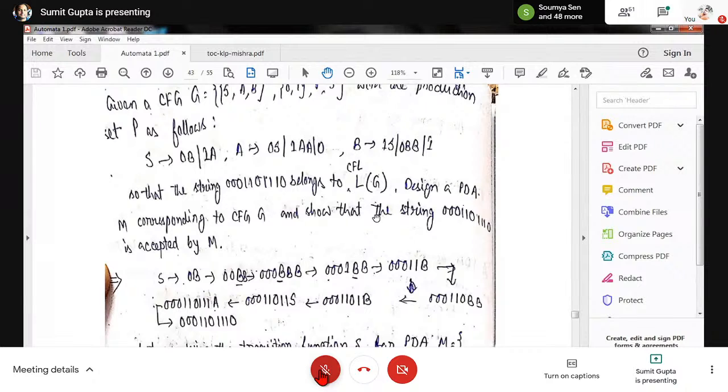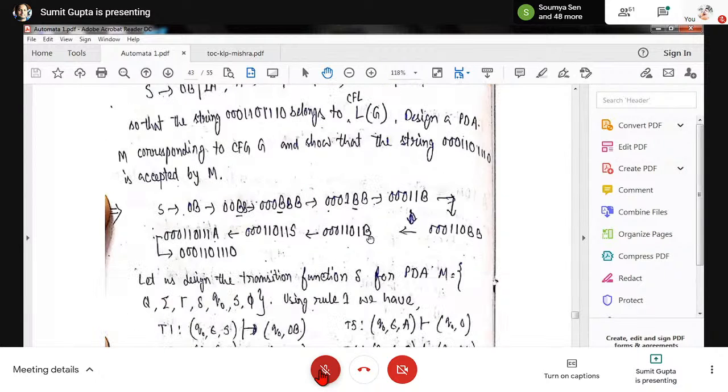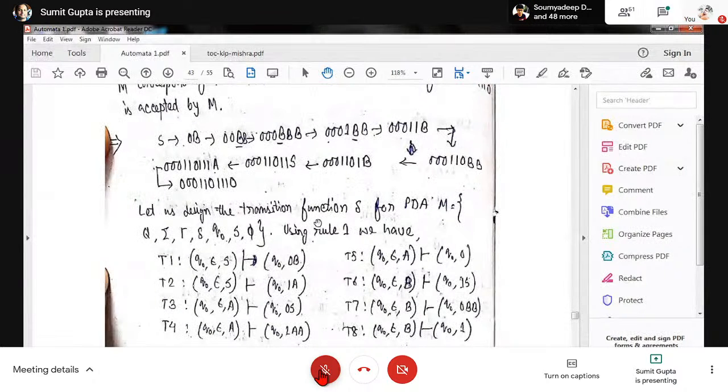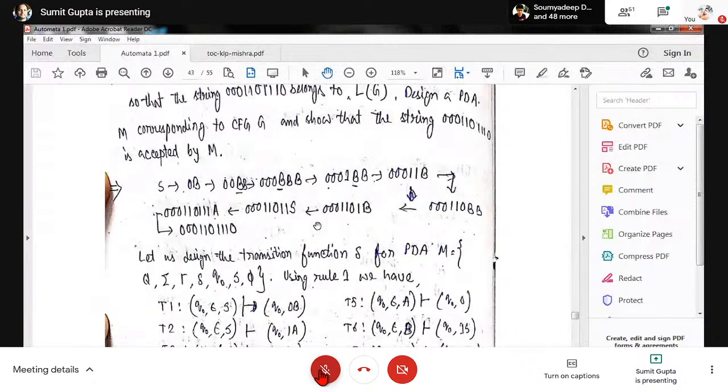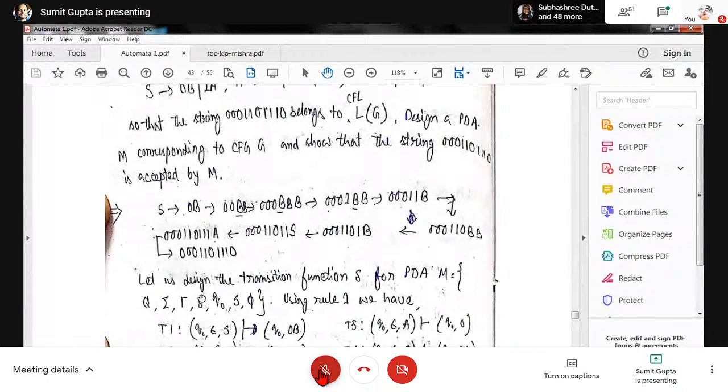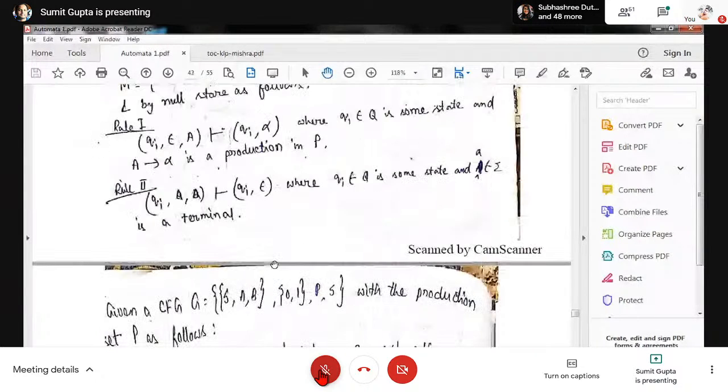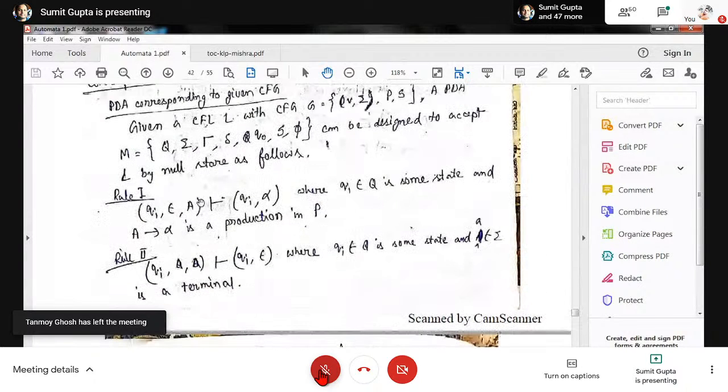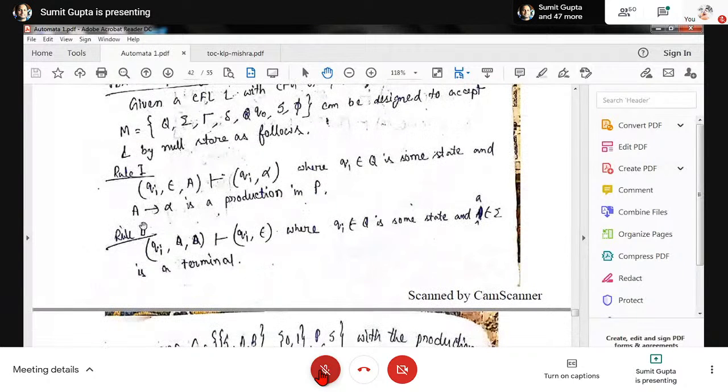Now we have to design a PDA. So for designing a PDA, let us design the transition function first. So we have a set of production rules. We have to design the transition function based upon these two rules, rule 1 and rule 2. These two rules are used while we are trying to convert from the CFG to the corresponding PDA. Correct? So we have to check out first, A gives alpha, these kinds of productions.